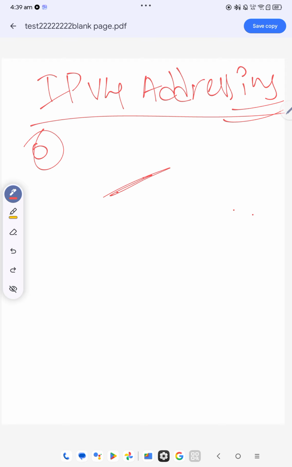Unlike a MAC address, an IP address is what lets you do traffic control across the internet. For example, it is like when you are searching for some videos, files, or docs.